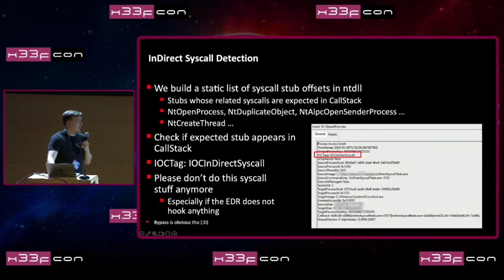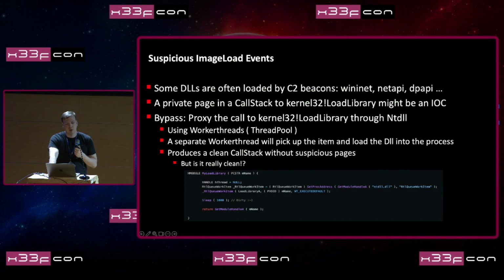If we see something like this, then we can add an IOC tag saying that this looks like an indirect system call, which we have observed. We do this by building a static list of system call offsets in NTDLL, stubs which are related to and which we expect to see when a certain event happens. If we do not see the stub which we are expecting, then we say this might be an indirect system call, and we add this to the event itself.